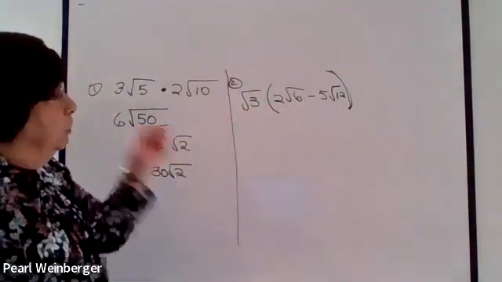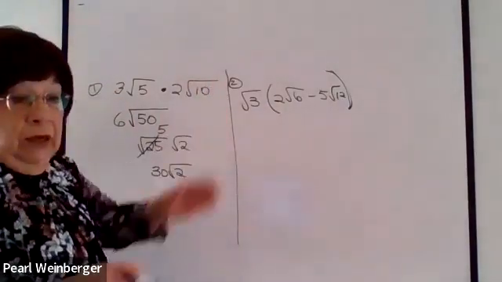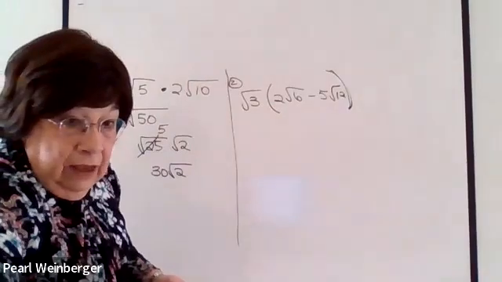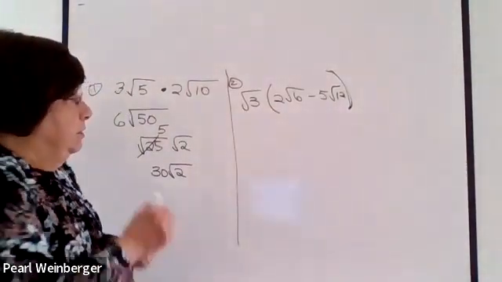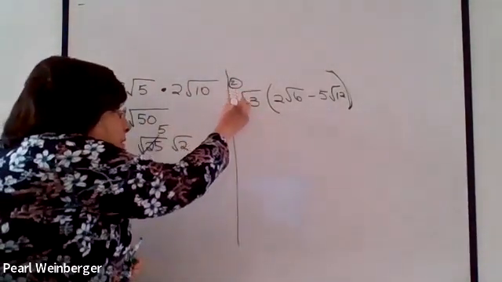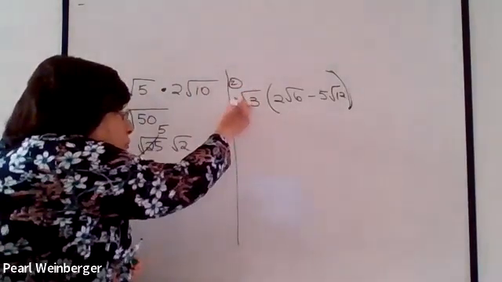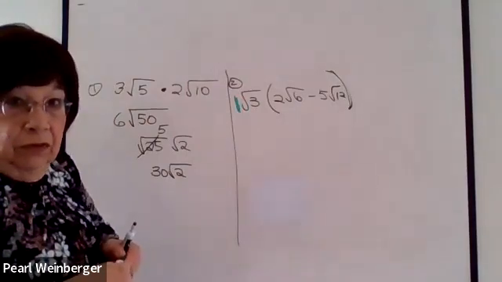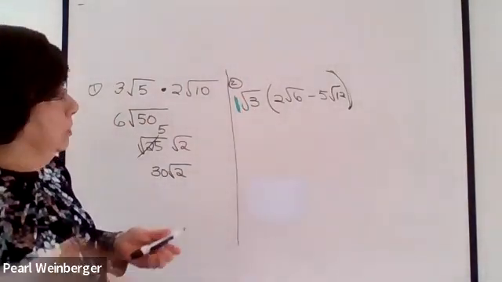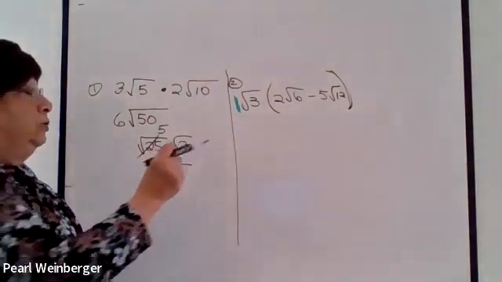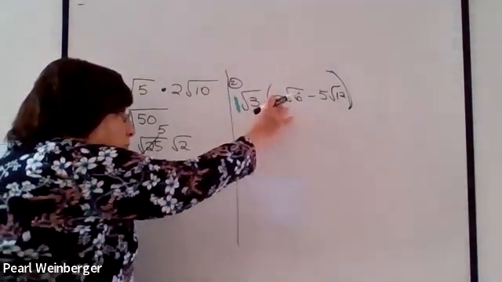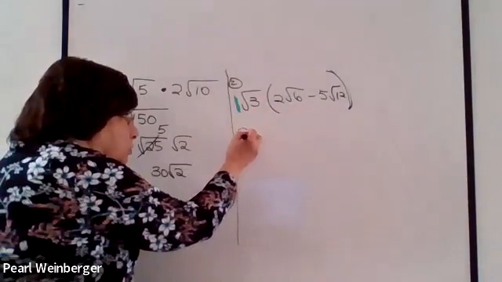And that's exactly what we're going to do, remembering that it's understood that in front of this square root of 3, it really is an understood 1 there. Even though we didn't write 1 square root of 3, it's understood as if there's a 1 there. So when we go to multiply, we're going to take the 1 and multiply by the 2, which will give us 2.